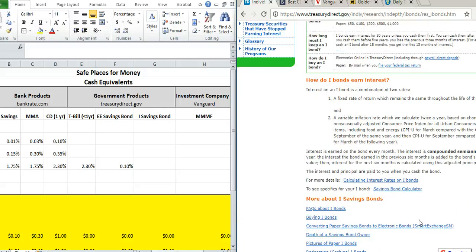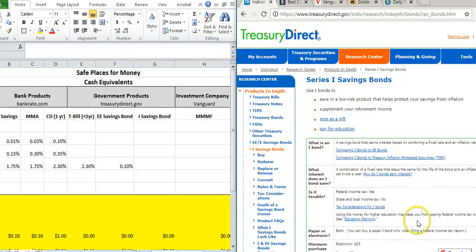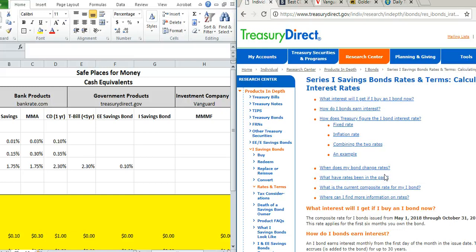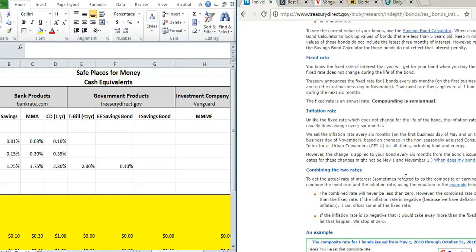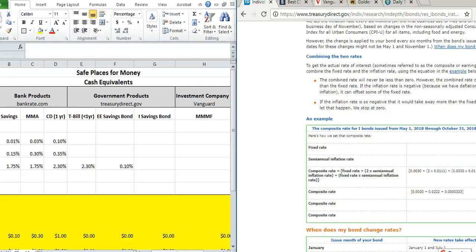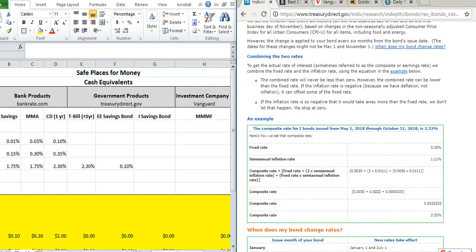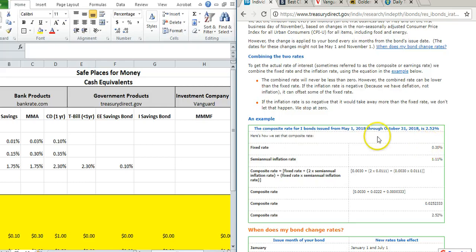Current rates on our I bonds. If I click on here, how does it earn interest? I think it says... Here we are. This is an example. So the fixed rate right now is 0.3%, that component, and the inflation rate is semi-annual.